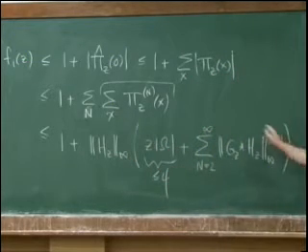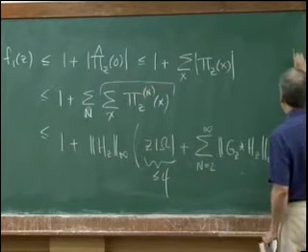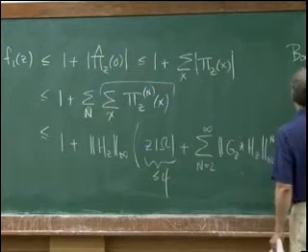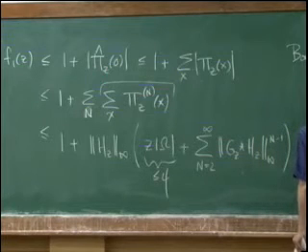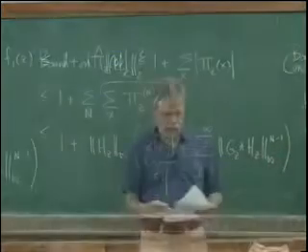And then I also need to control this infinite sum here. So we're going to need a bound on the L2 norm squared of h, because we'll see why that's useful in a moment.